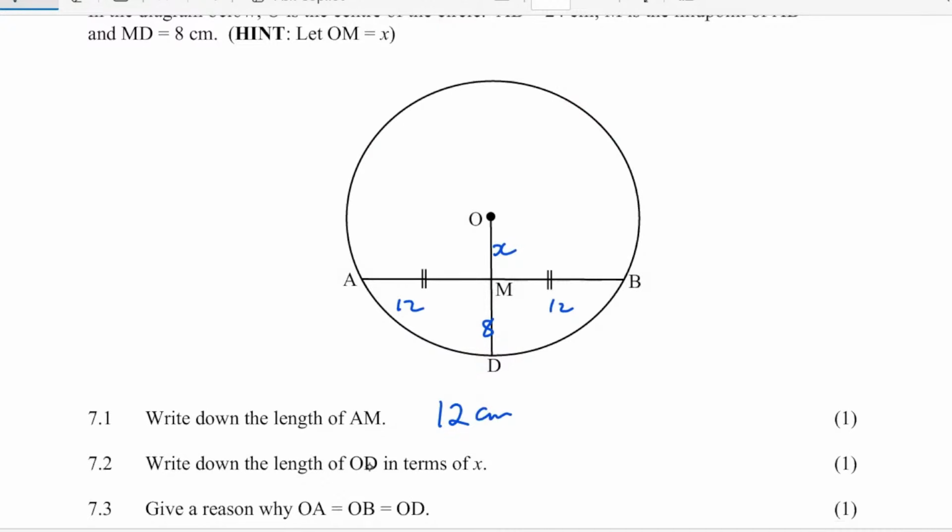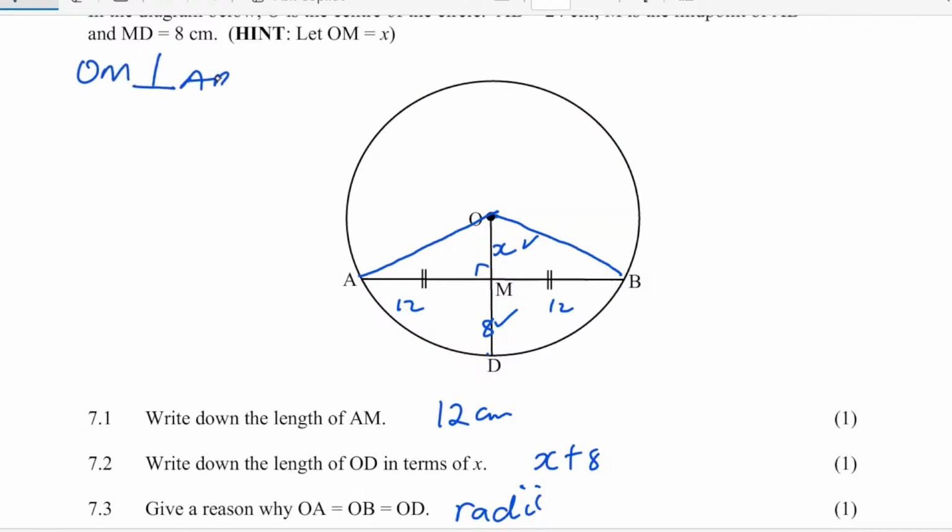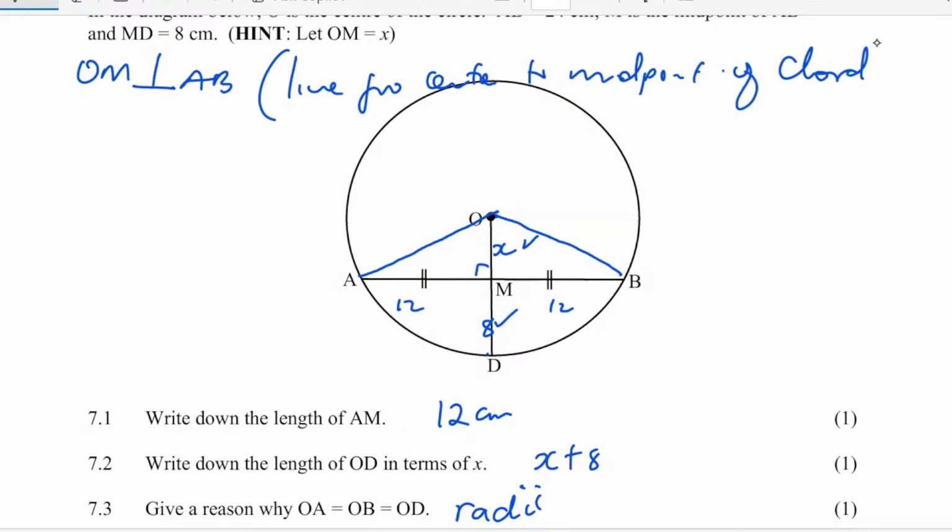Then write down the length of OD in terms of X. So OD is going to be X plus 8 because we're adding these two. And then can we give a reason why OA? Okay, so start by telling us that OM is perpendicular to AB. Reason being, a line from the center to the midpoint of a chord must be perpendicular.